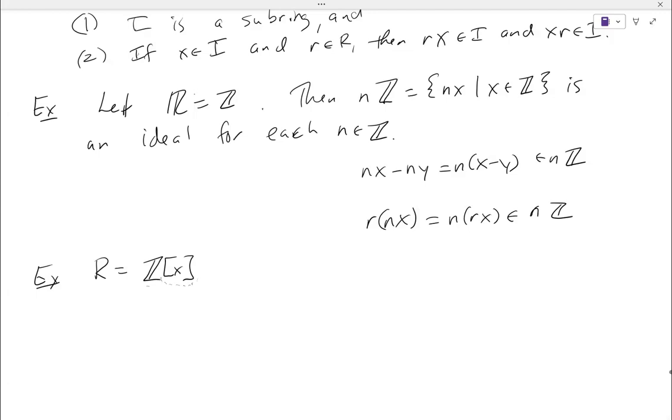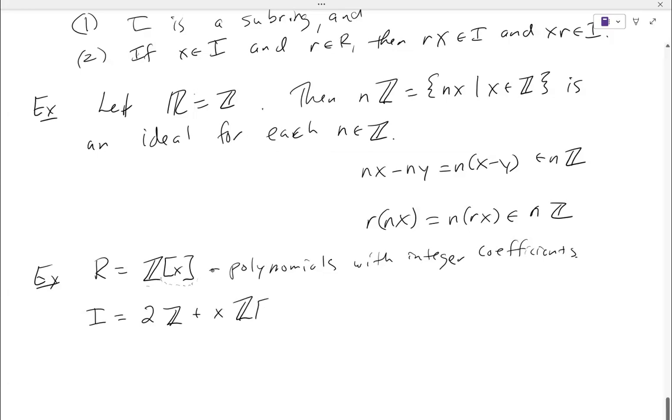Oh, it's polynomials with integer coefficients. Yeah, so it's polynomials with integer coefficients, right? So this is, I'll just write it in words rather than symbols. Okay, this one is a little bit trippier for notation.